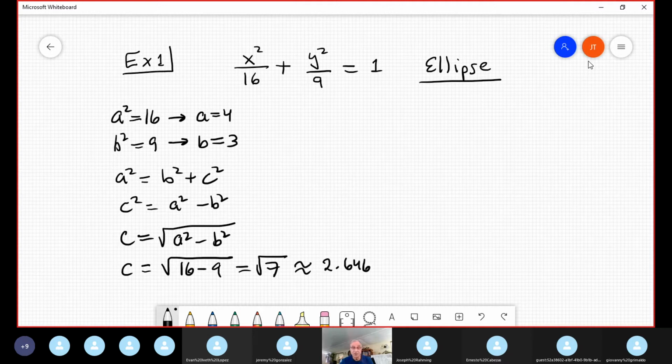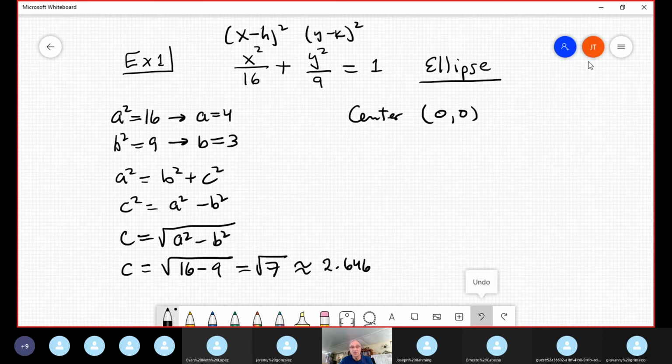So, the center. The most important characteristic of this example. The center is located at 0,0 because I don't see any translation. No? I see translation when you have here x minus h, y minus k, but we don't have this. It's because h and k both are 0. And the center for this ellipse is located at the point 0,0.